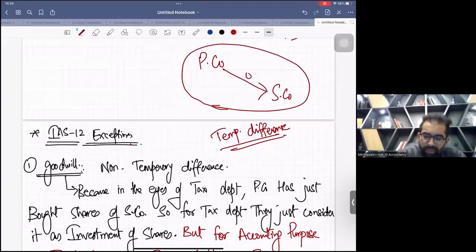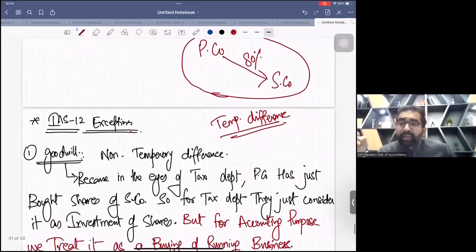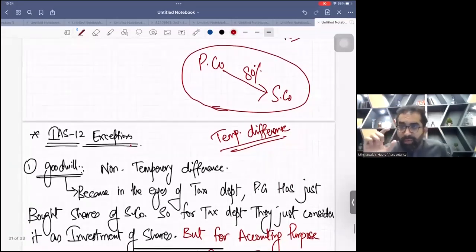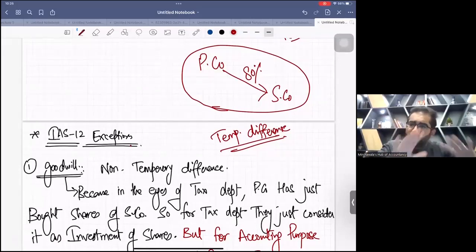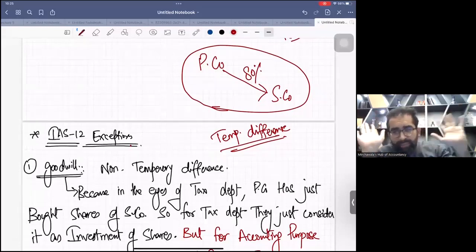P company bought 80%, or let us say 100% shares of S company, ordinary shares of S company, and got the control. Now, in accounting books, please look at me very carefully. In accounting books, we will do proper consolidation. We'll compute goodwill at the date of acquisition, adding together everything, right?